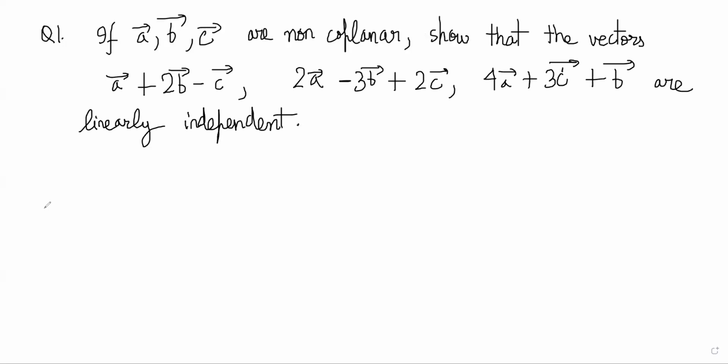Okay, so let's see how to do this. So one way to do it is to check the definition of linear independence. So if these three vectors are linearly independent, we have to prove that.